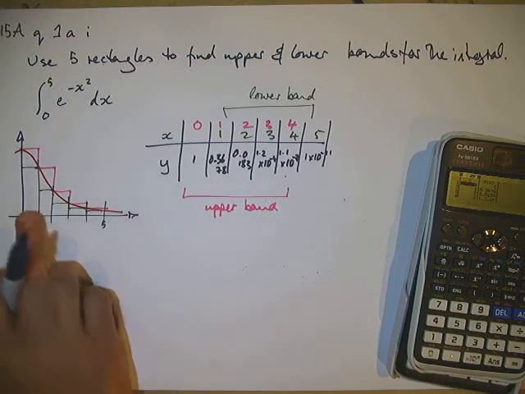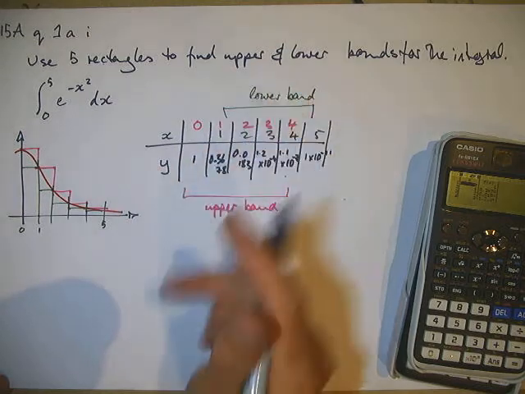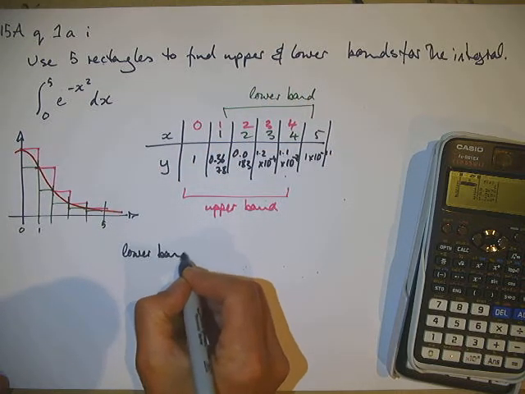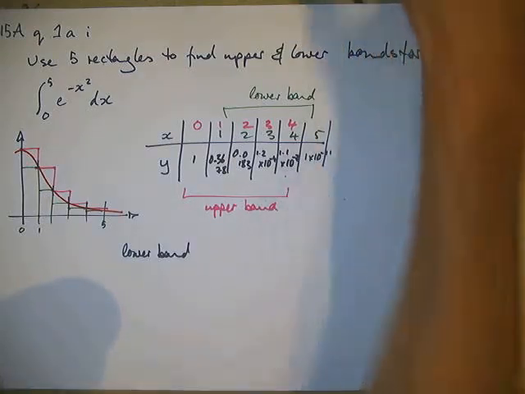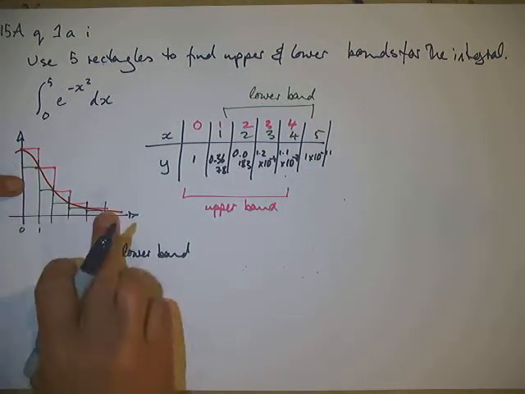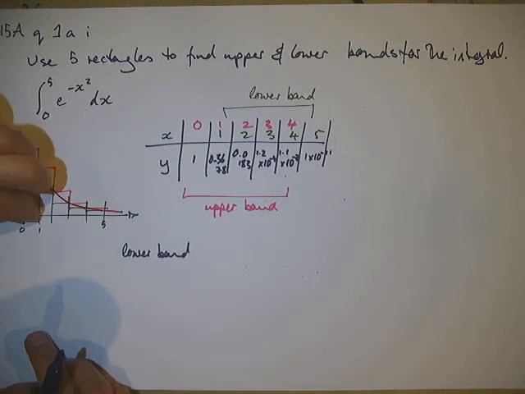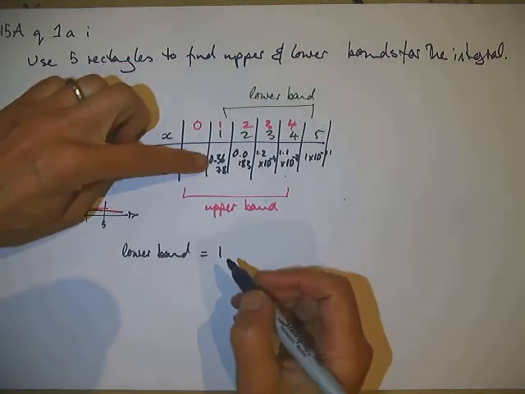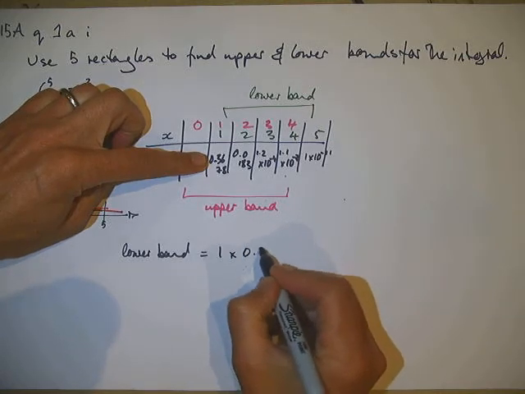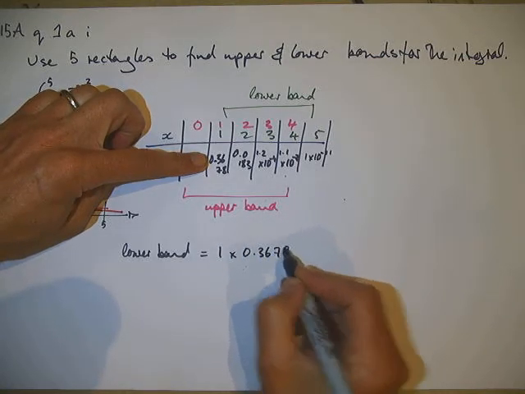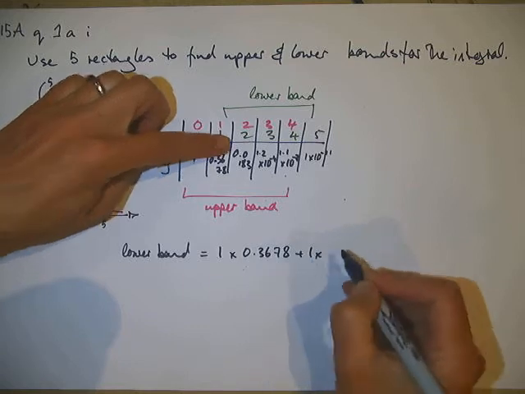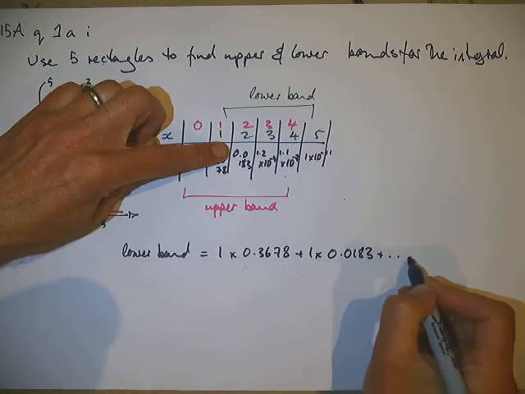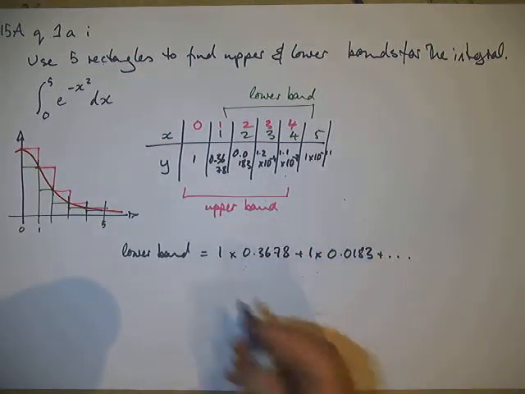We add up the 5 rectangles. For the lower bound, we add up the 5 green rectangles, which are all 1 wide. So it's going to be 1 multiplied by the height, which is 0.3678, plus 1 times 0.0183 plus... They're all going to be 1 times.